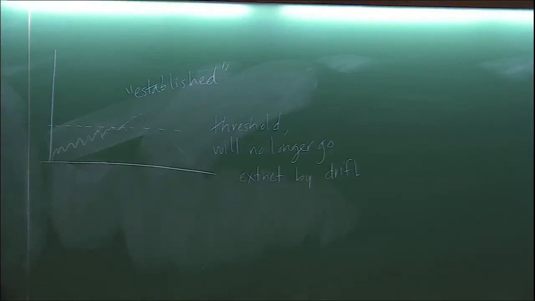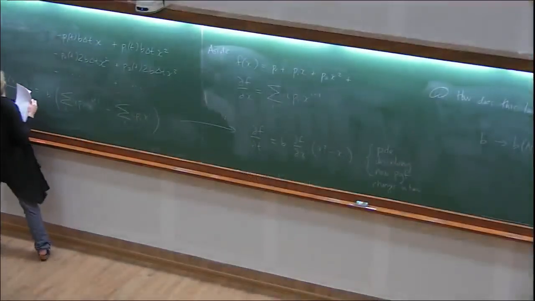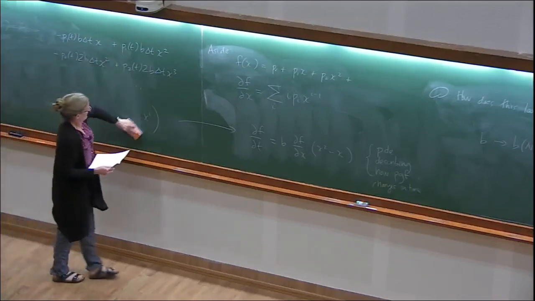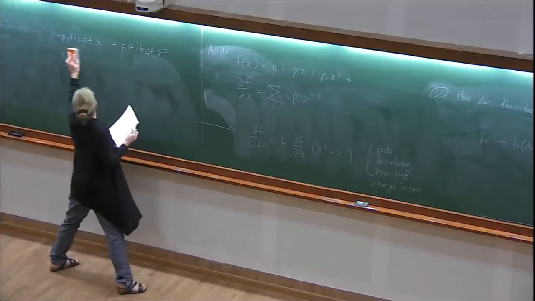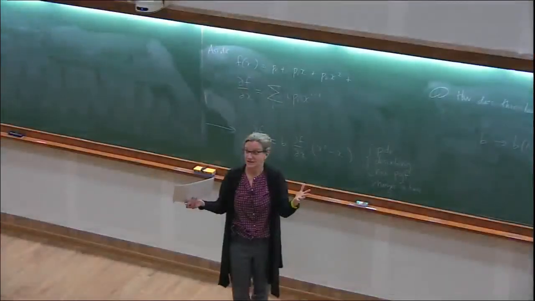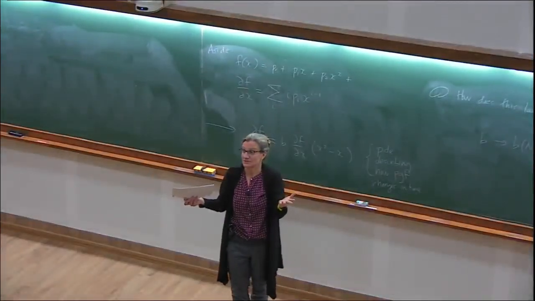But it's a little bit more subtle than that, right? Because, well, just what you said, Chris, really, that we can still have extinctions. So with the branching process, we assume the population is huge, infinite, in fact, and we still have big extinction probabilities, right? And that's drift.